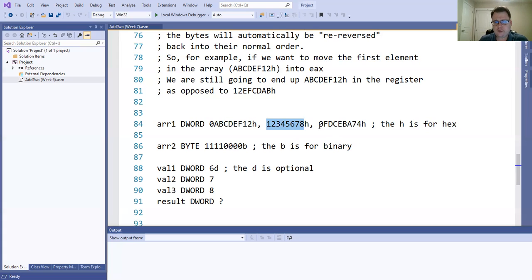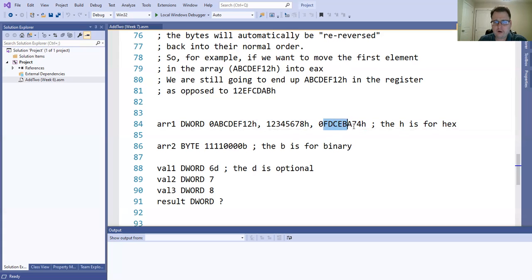And then for the last term here, once again we have a 0 in the beginning because of the F here. But we can look again at the total number of hex symbols. We have the 0, and then we have FDCEBA74.